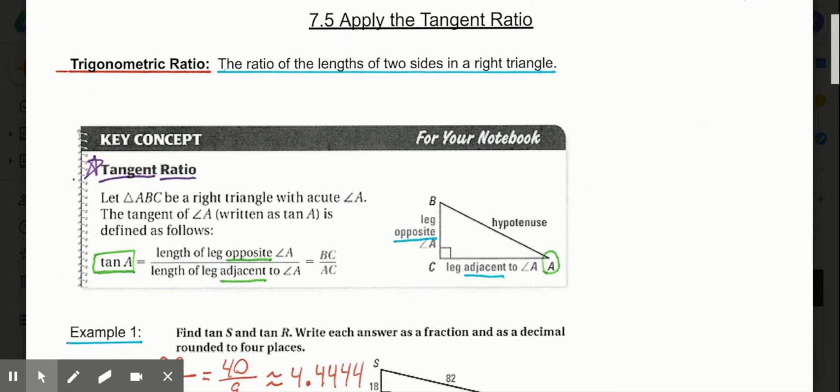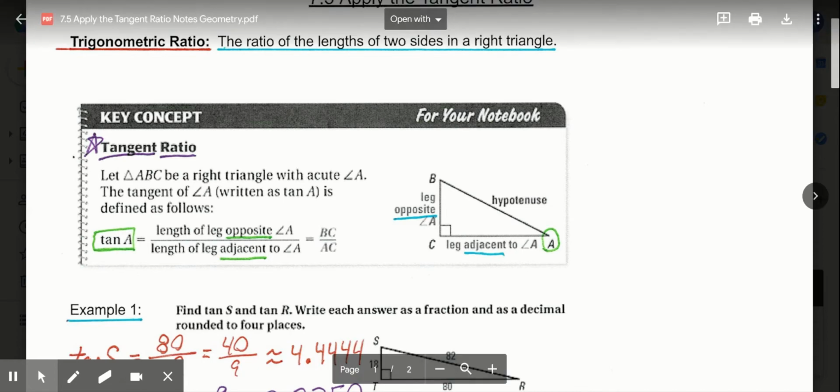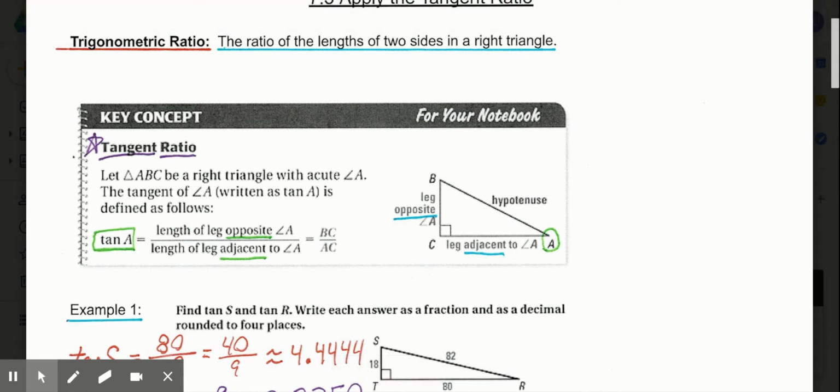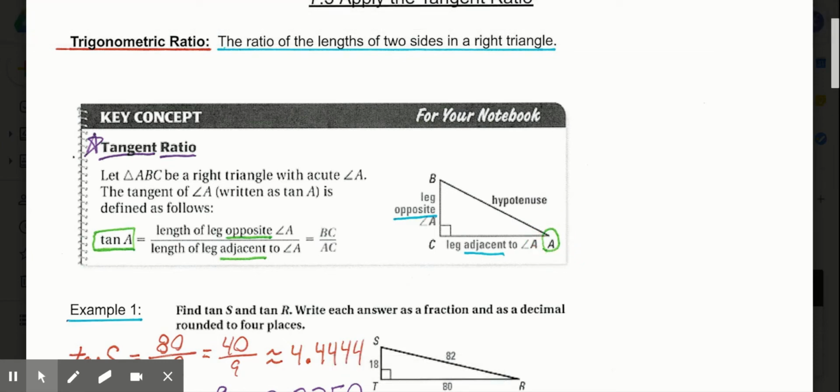So the tangent ratio, basically what you will want to keep in mind for today is the idea of opposite over adjacent. So if we had a triangle ABC and it was a right triangle with the acute angle A, so our angle A right here, the tangent of A, written as tan A, is defined as follows.